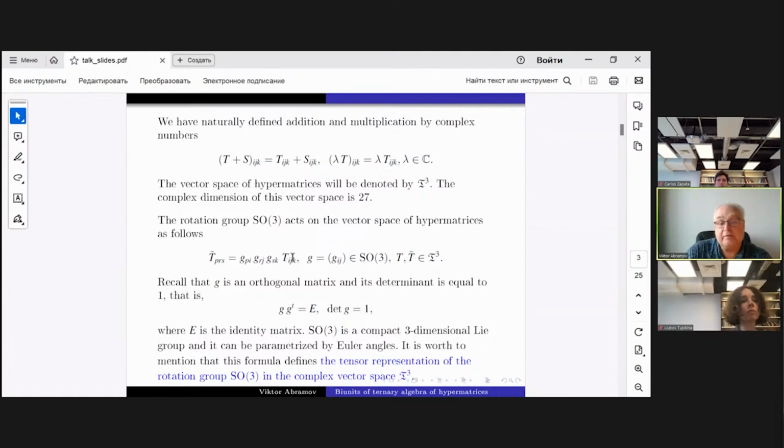Here these two are hypermatrices, and G is an orthogonal matrix with determinant equal to 1. I will use, as Richard used, the Einstein convention that repeated indices mean summation over the repeated indices. So here we have a summation over I, J, and K.